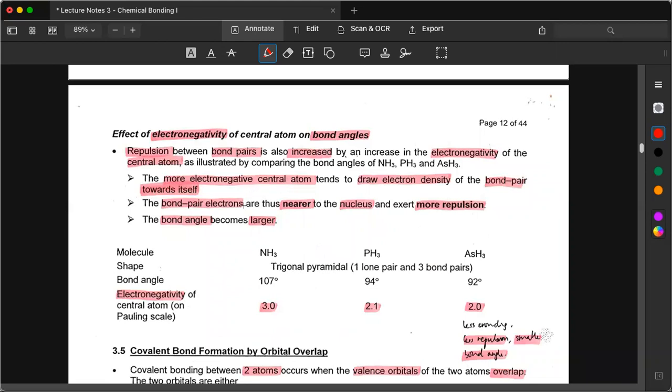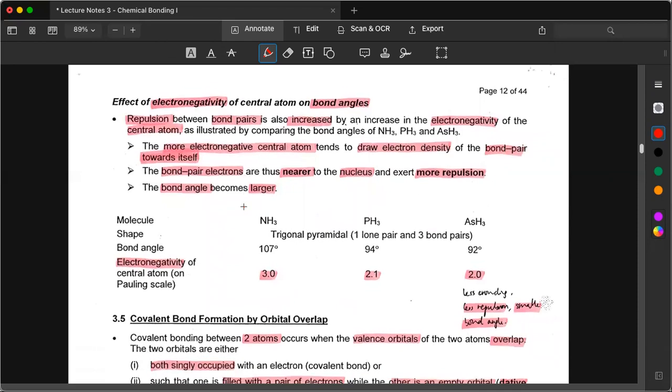The bond pair electrons will be nearer to the nucleus and exert more repulsion. The bond angle will become larger. For example, NH3, PH3, AsH3. So you can see that there is a decrease in bond angle with a decrease in the electronegativity value of the central atom, N, P and As.